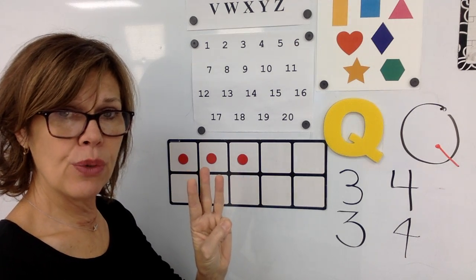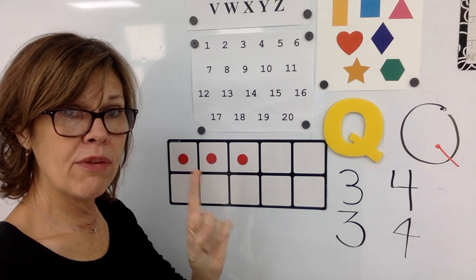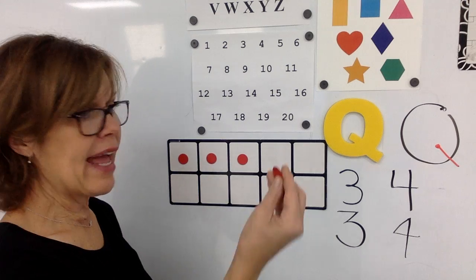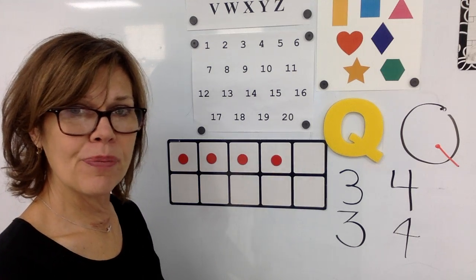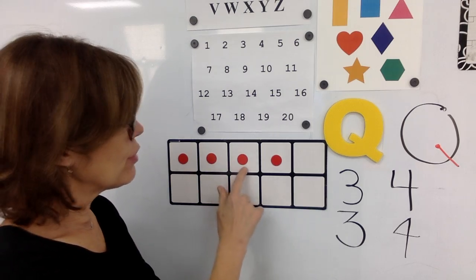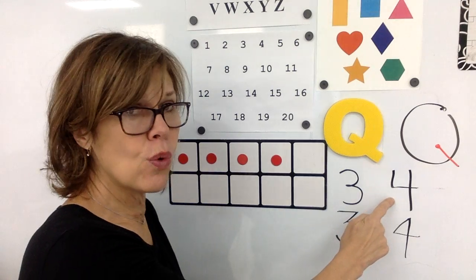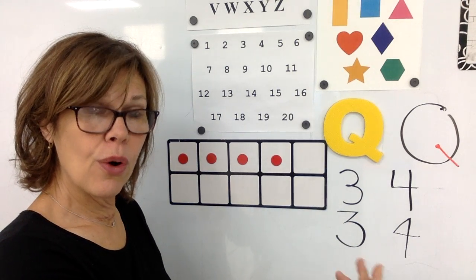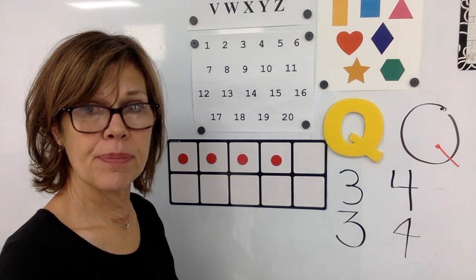First you were 3 years old, then you were 4 years old, and 4 is more, 1 more than 3. So if I add 1 more red circle, now I have 4. Let's count them. 1, 2, 3, 4. That means 3 is less than 4, and 4 is greater or bigger than 3. And greater just means bigger.